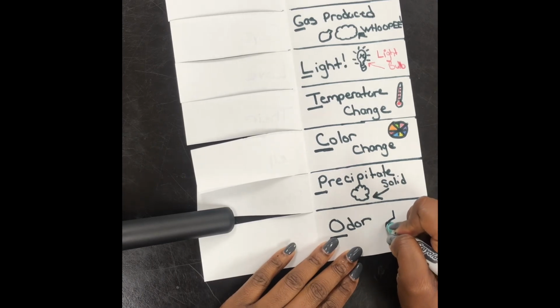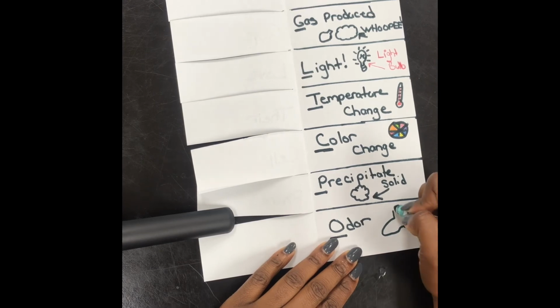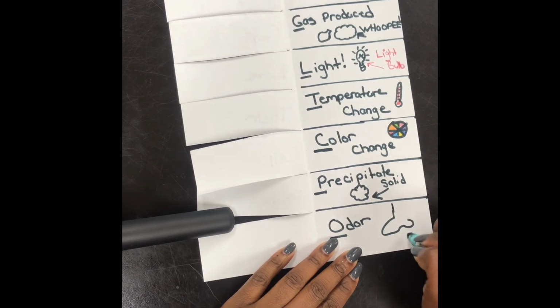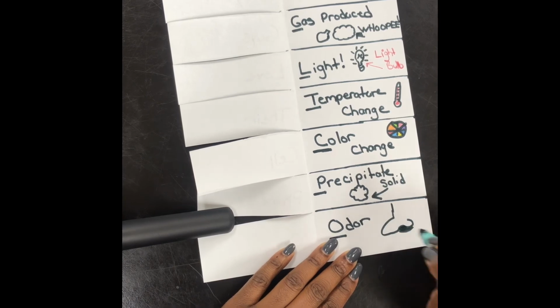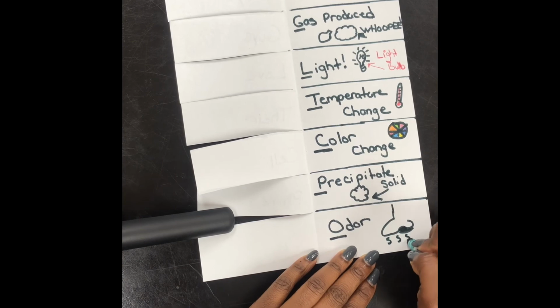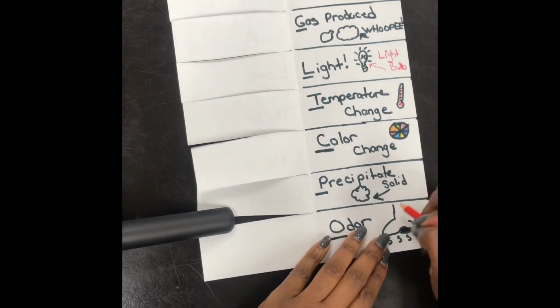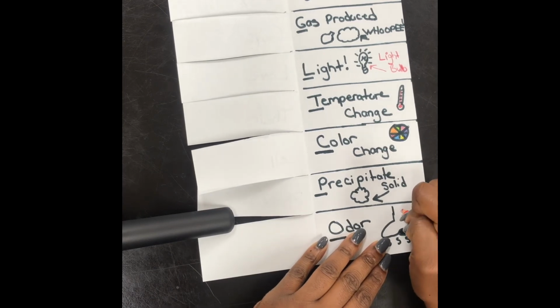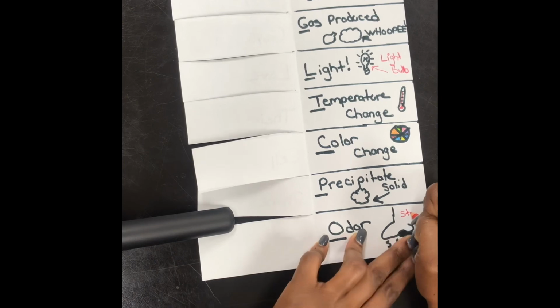Let's be creative. I'm going to try to draw a nose. The nostril goes up here. Okay, here's his nostrils. Okay, that don't look too bad. And then it smells, right? So let's draw little stinky swirls. And I'm going to write stinky because sometimes it may not smell too nice. Stinky.